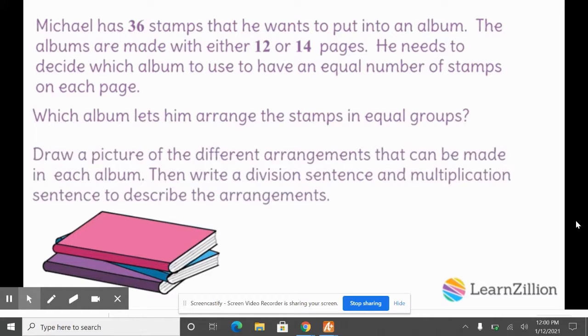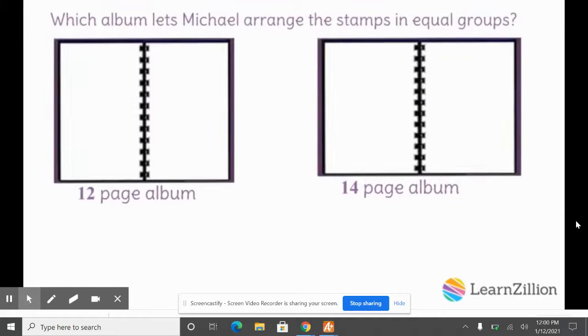Picture the different arrangements that can be made in each album. Then, write the division sentence and multiplication sentence to describe the arrangements. Like a lesson diagram, you can use a 12-page and a 14-page album. To do that, you must figure out if 12 times something is equal to 36, and if 14 times something is equal to 36.